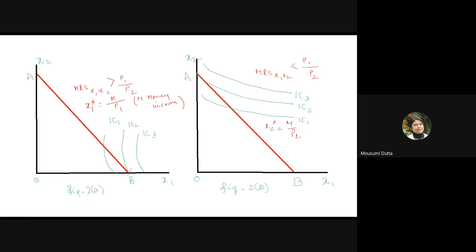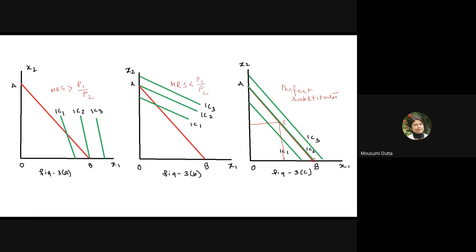If the commodities are perfect substitutes, ICs will be negatively sloped straight lines. And here there are three possibilities.